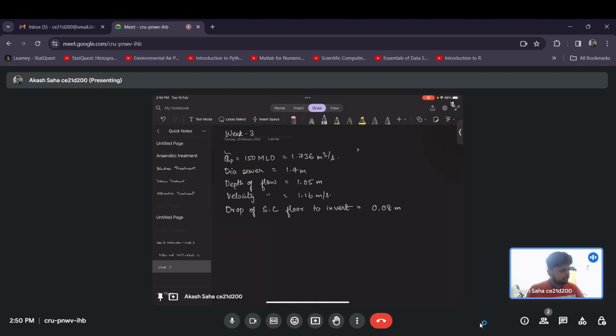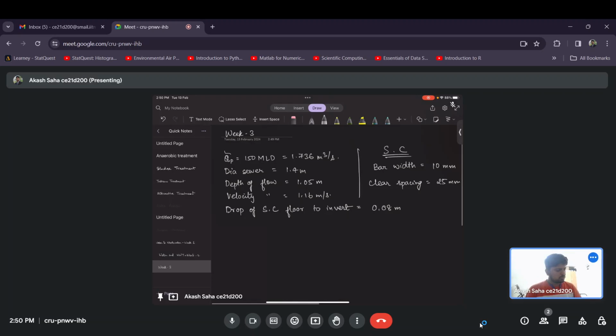Now, for my screen chamber, the bar width is given as 10 millimeter and the center to center spacing, or rather the clear spacing, is given. So clear spacing is given as 25 mm.